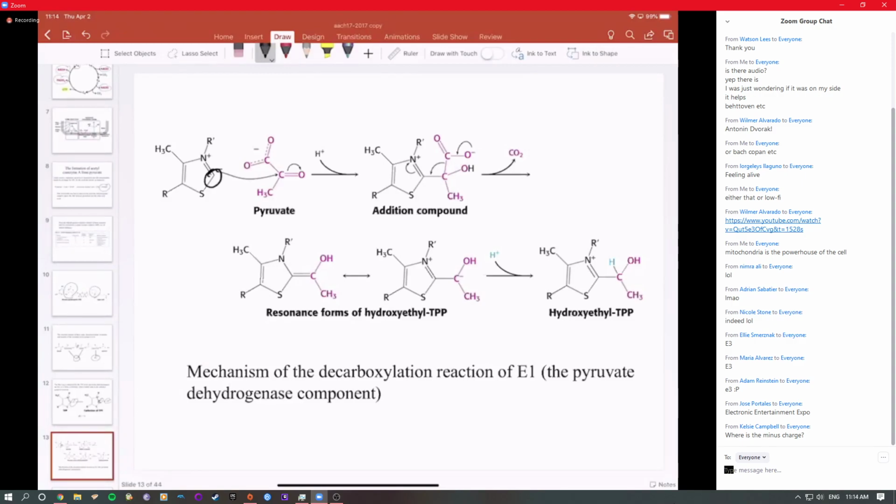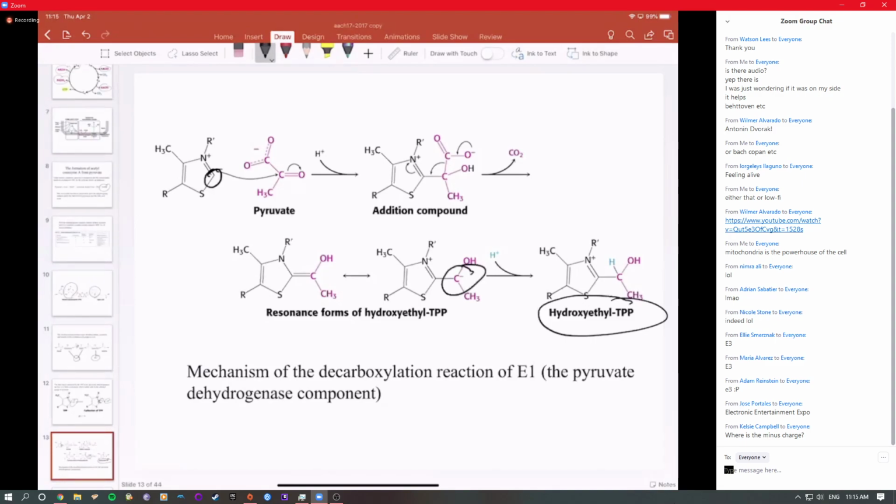And this gets you the hydroxyethyl TPP, shown here. So really, you lose a CO2, and you generate this hydroxyethyl TPP with this anion here that's going to be important.